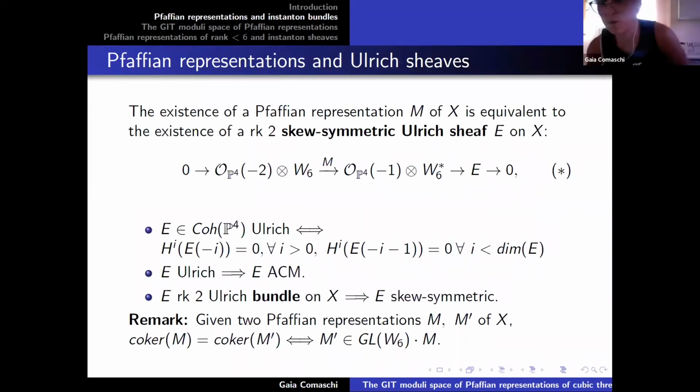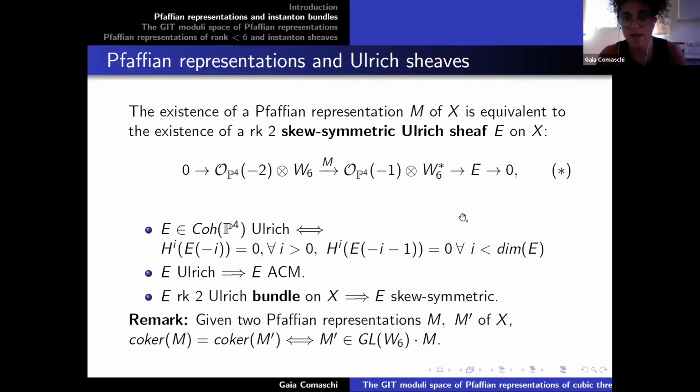Okay. So we can now try to understand why we are interested in the study of Pfaffian representation. So this is due to the fact that on a cubic threefold, a Pfaffian representation corresponds to a so-called rank 2 Ulrich sheaf that is moreover skew symmetric.